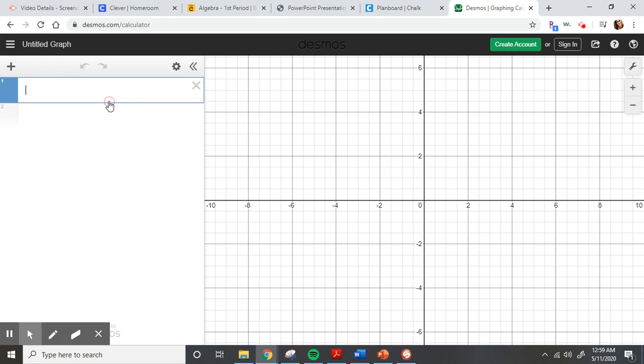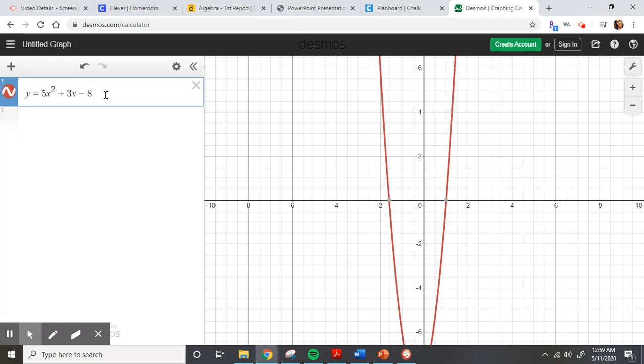Okay, y equals 5x squared plus 3x minus 8. So our zeros are negative 1.6 and 1.